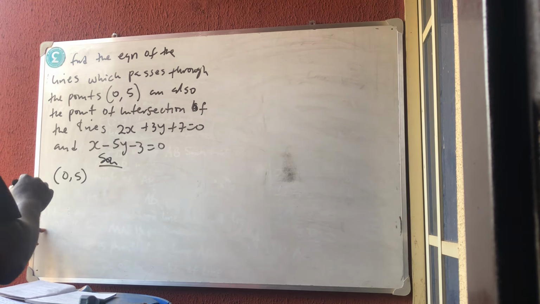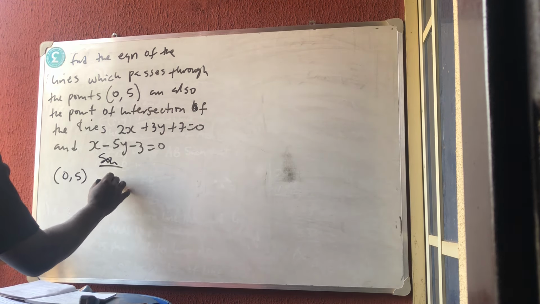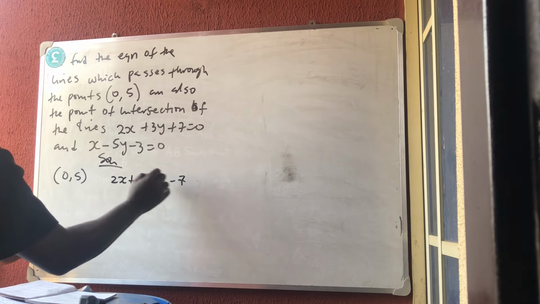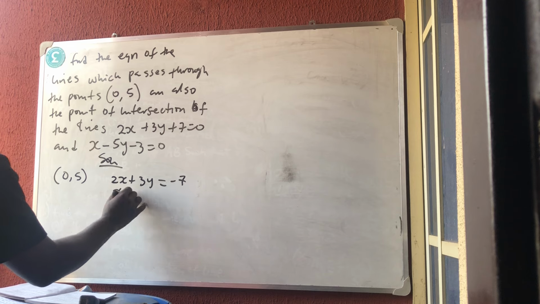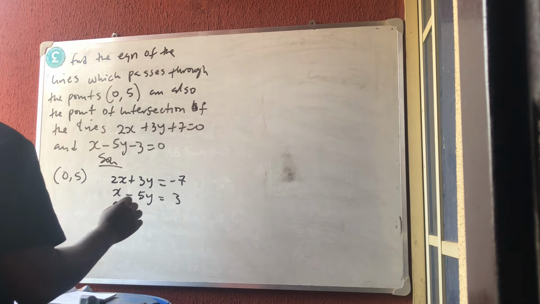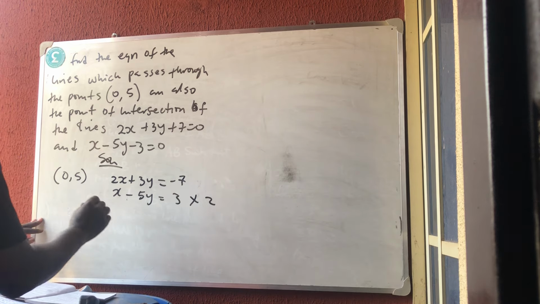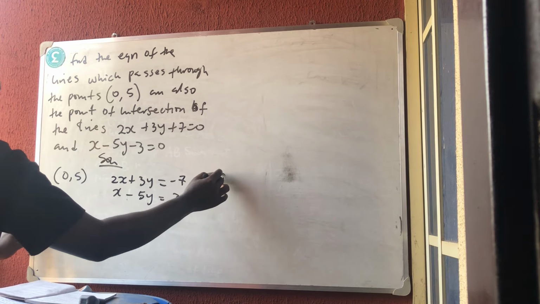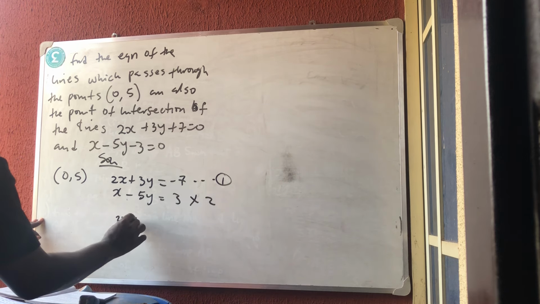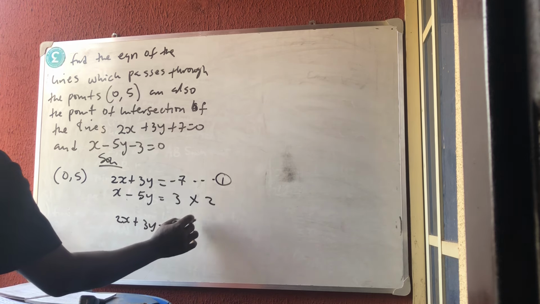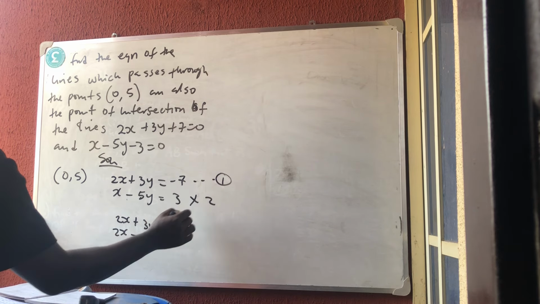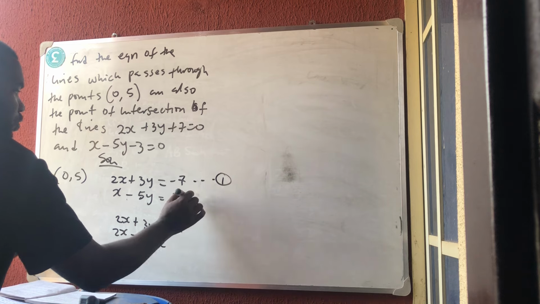If we solve this simultaneously, I'm going to have that 2x plus 3y is equal to minus 7, and x minus 5y is equal to 3. Let me bring down equation 1: 2x plus 3y is equal to minus 7. This is equation 2.